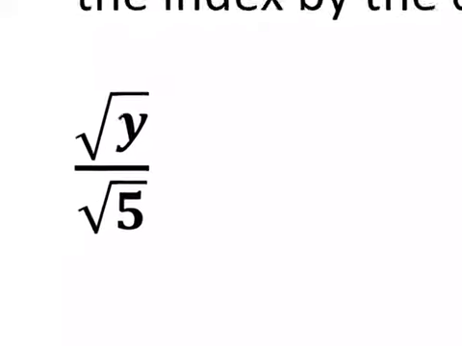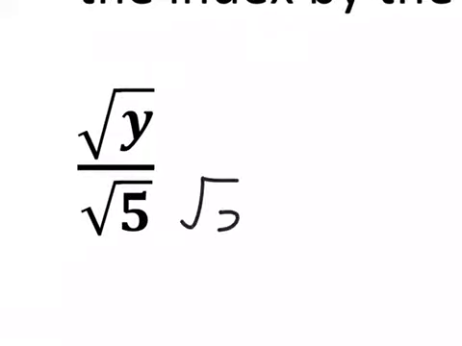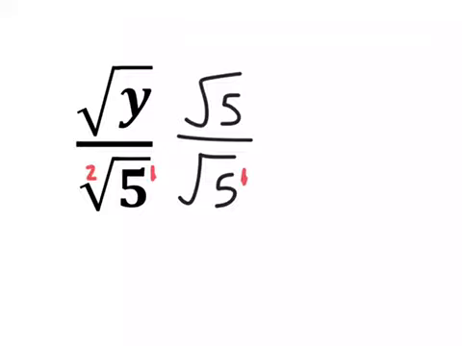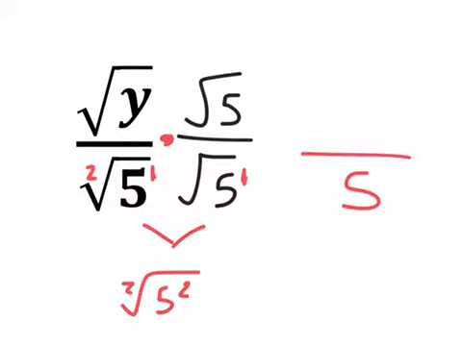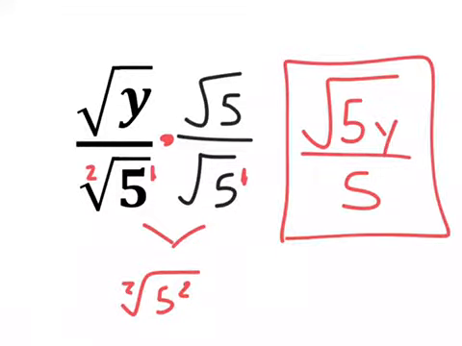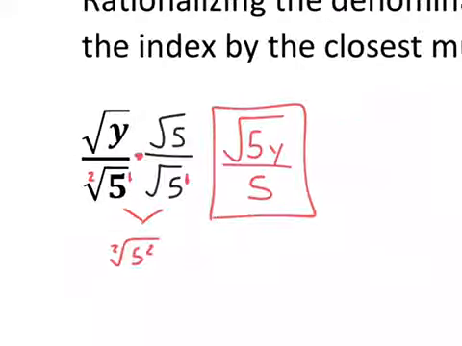Like on one like this, this would be an easy one, square root of 5 and square root of 5, because our index is 2. This is 5 to the first power, so I'm going to bring another 5 to the first power so that these would become 5 squared, being able to escape. And we're multiplying here, so we'd have a 5, and then up top I'd have square root of 5y. All right, cannot cancel those 5's. One's under a root and one is not.